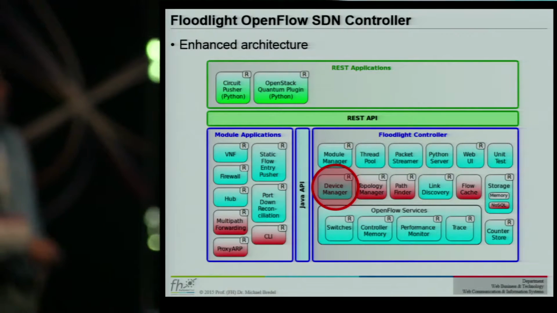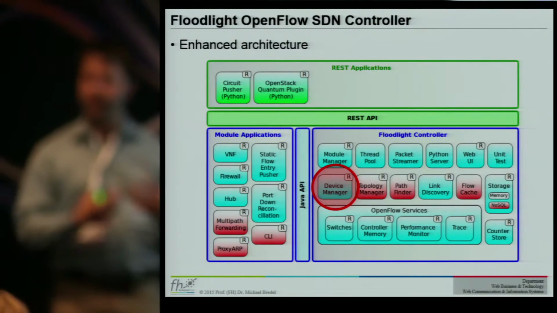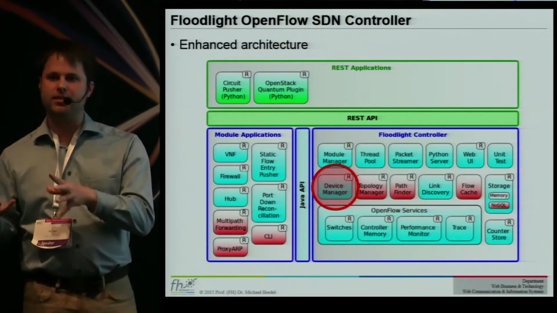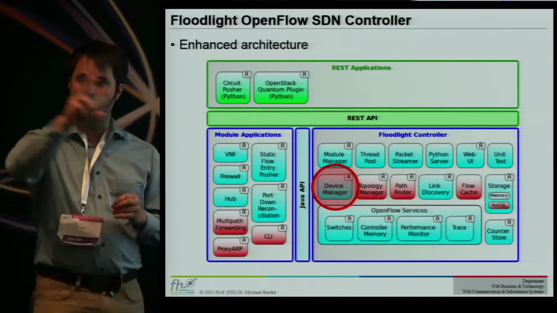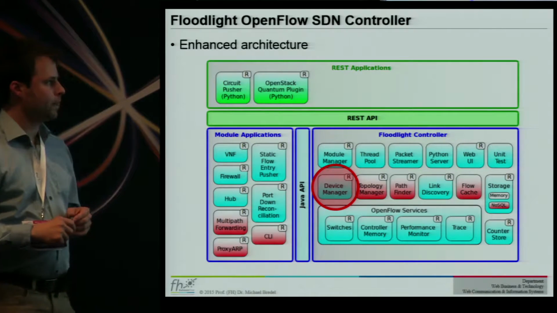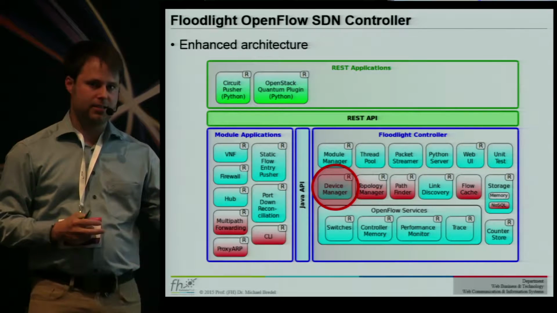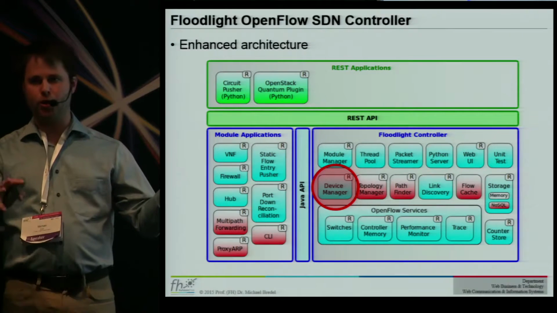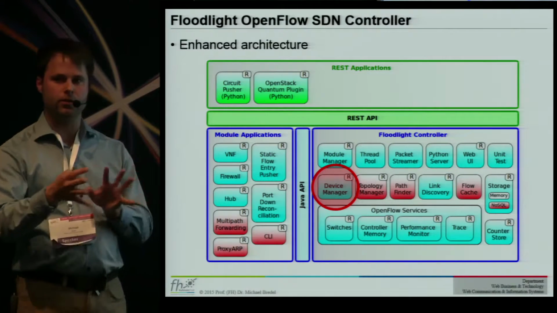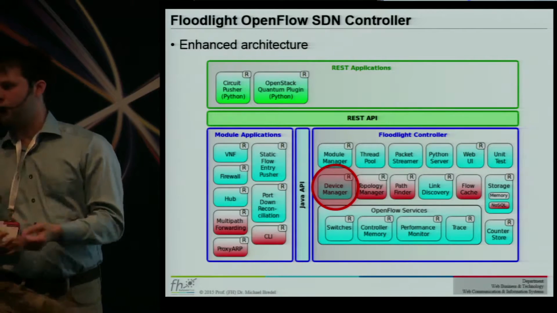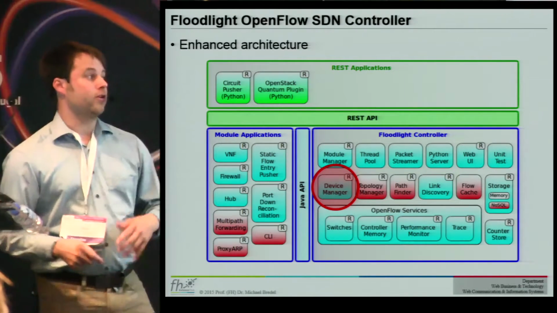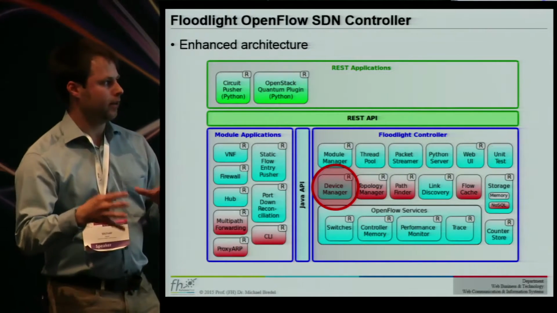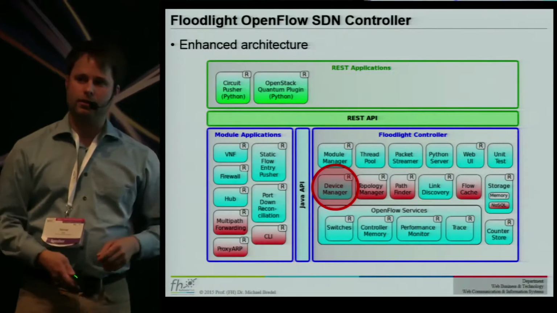And now we also modified this device manager, which contains all the device information regarding the hosts connected to your network. So the device itself knows about its attachment points, meaning the switch port combination where it's connected to, and you need to adapt that with respect to your configuration of the aggregated link or the link aggregation group, so that Floodlight knows about that link aggregation group.